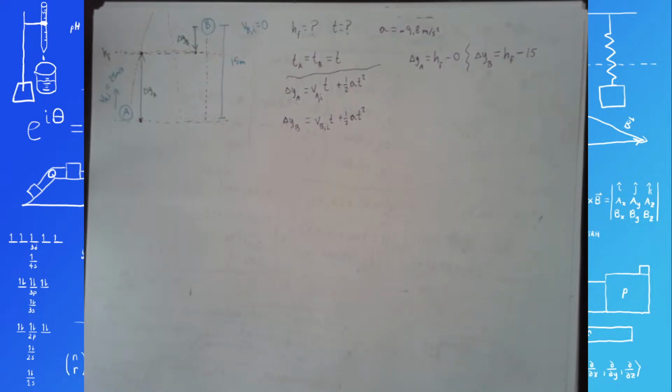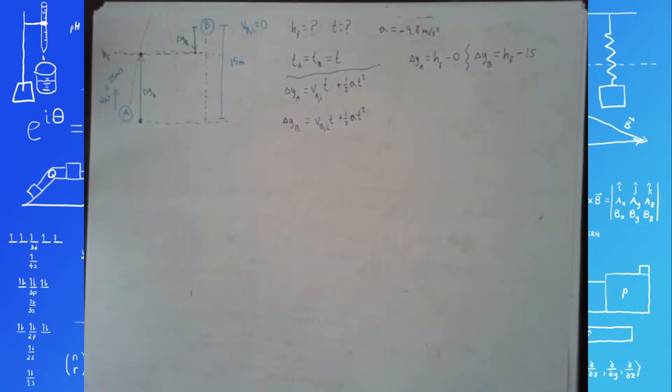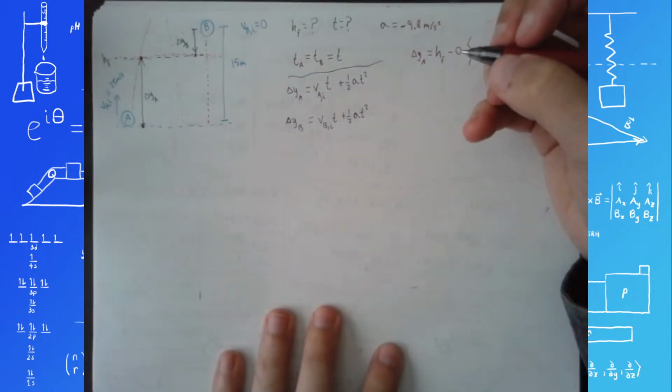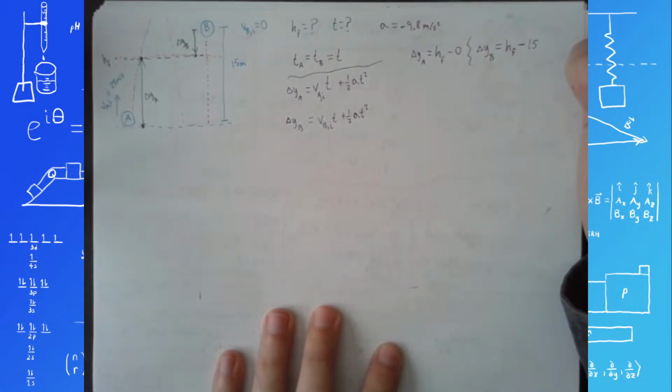Okay, so putting all that together, let's see what we can do. Let's plug in the numbers that we have. Oh, wait, no. Refrain from using orange until further down the page. Let's see, so delta YA and delta YB.